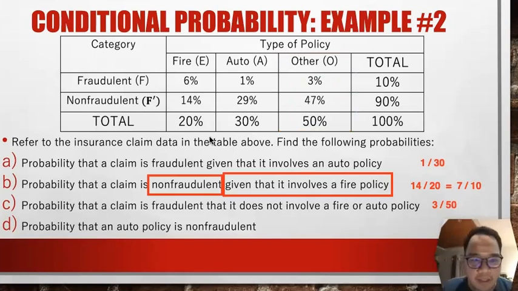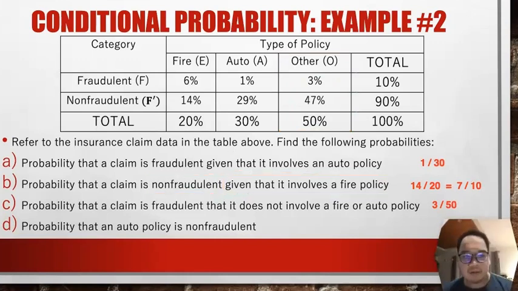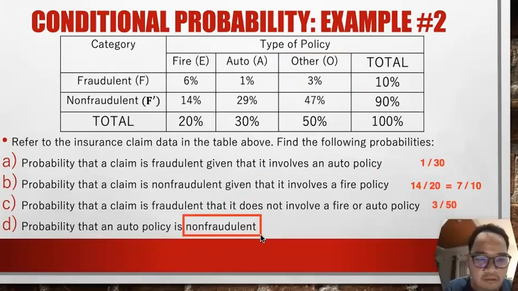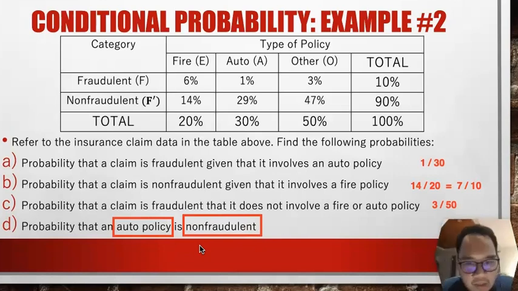And lastly, let's try to answer letter D here. Find the probability that an auto policy is non-fraudulent. Okay, so the probability that we are concerned with is actually the non-fraudulent here. It's constructed differently. So you should be very careful in determining the given event and what is the event that we want to find the probability of. If you read this sentence again slowly this time, find the probability that an auto policy is non-fraudulent.